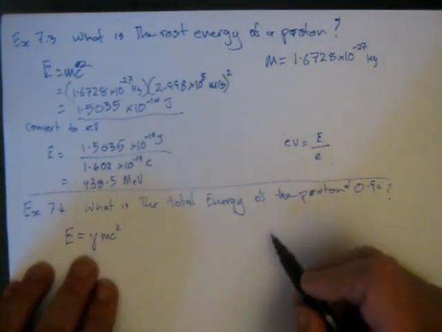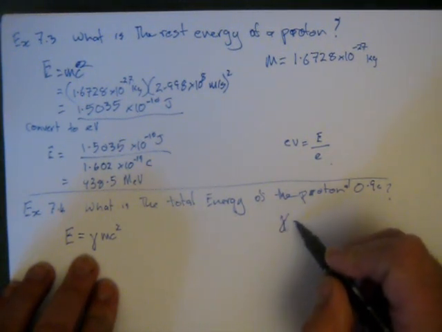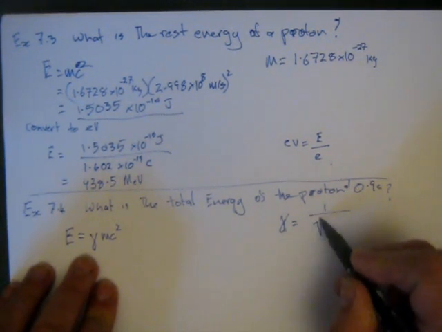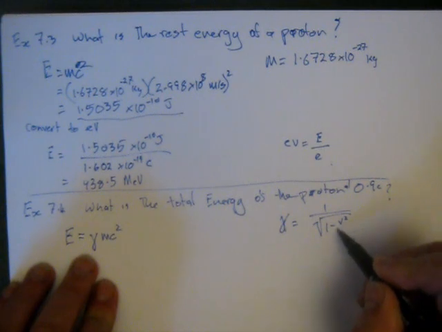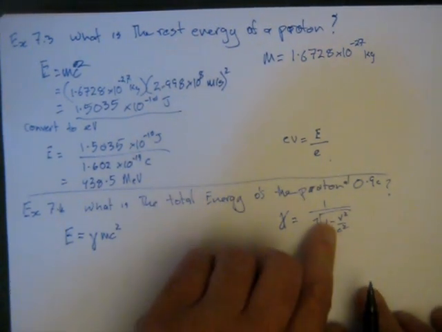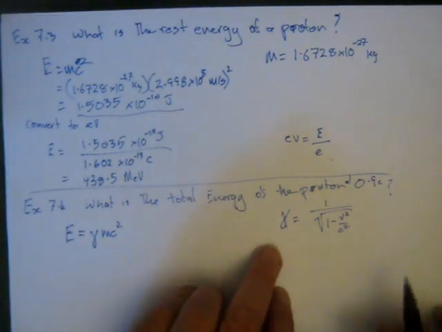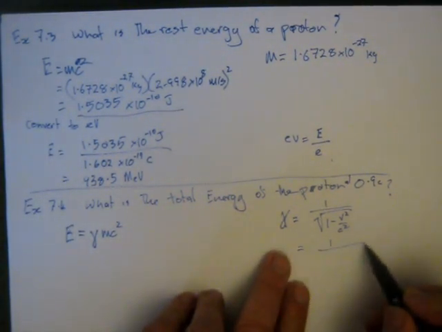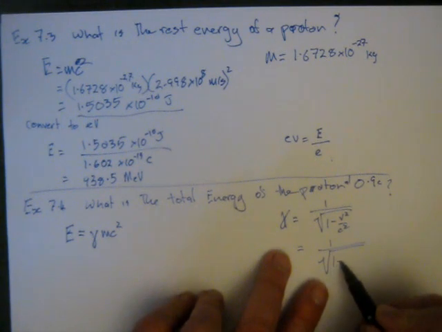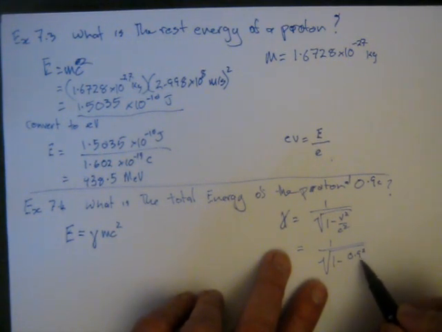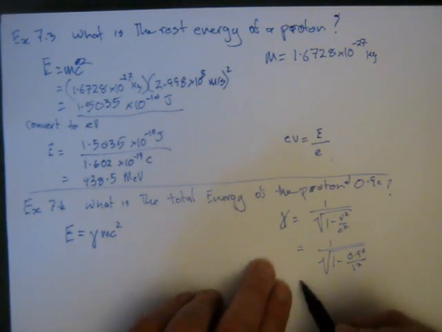So what we need is the gamma. Gamma is going to equal 1 over the root of 1 minus v squared over c squared. Remember, we always do this in terms of the speed of light because it makes it a lot easier. So that's equal to 1 over the root of 1 minus 0.9 squared over 1 squared.